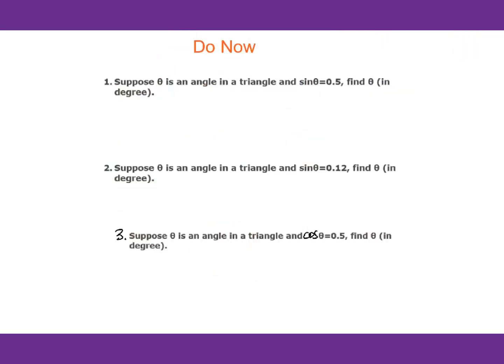Let's do some practice now. Number 1, suppose theta is an angle in a triangle. That means theta is between 0 to 180 degree. Sin theta equals 0.5, find theta. For sin theta equals 0.5, that means 1/2, which means reference angle equals 30 degree.